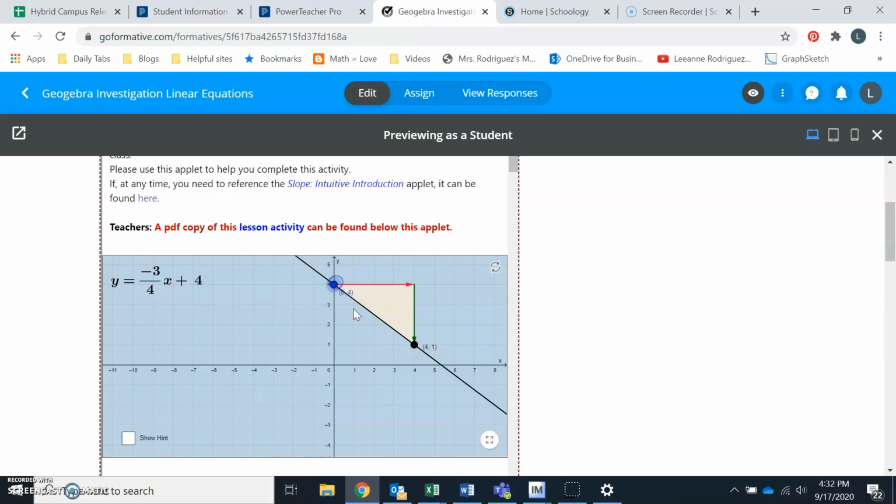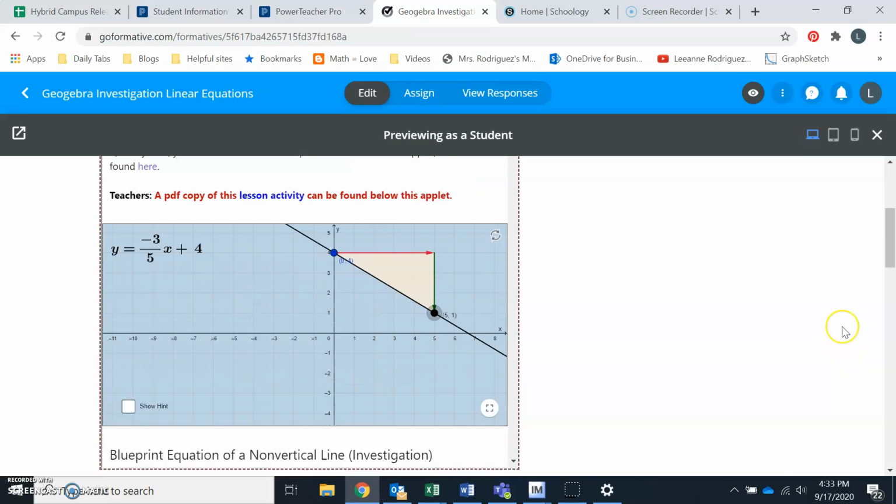I can count my slope from the left-hand point. Down 1, 2, 3, so -3, over 1, 2, 3, 4, 5. -3 over 5 is my slope.